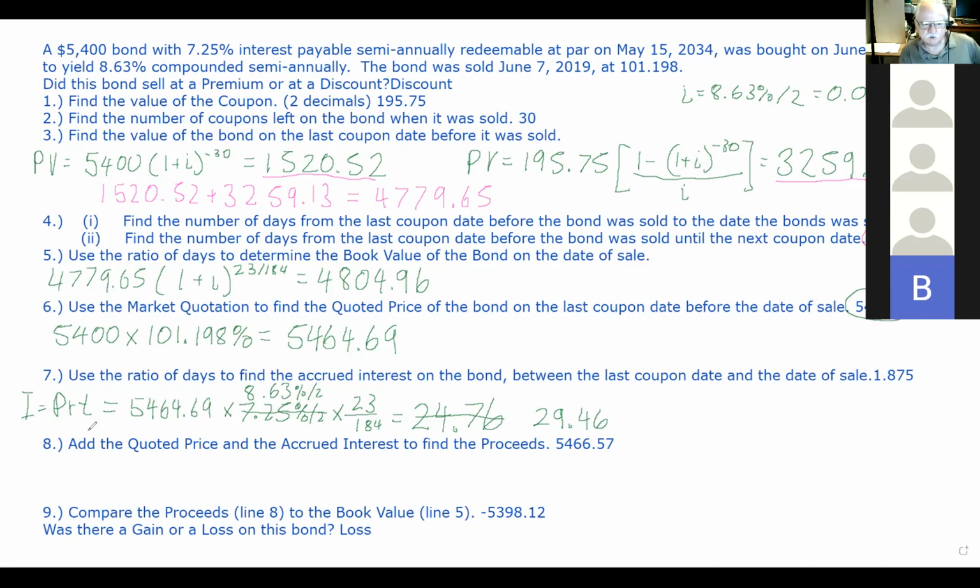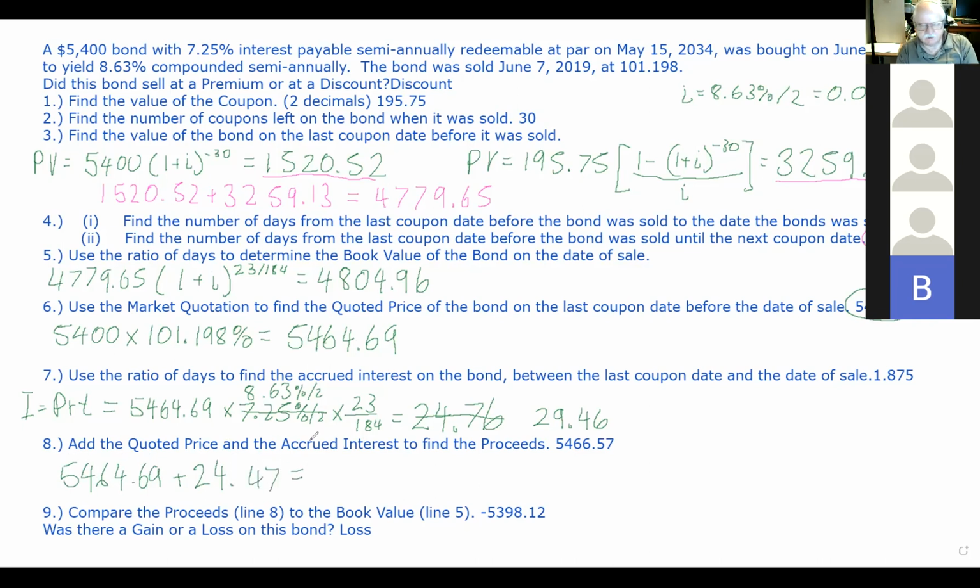So it might be that I've actually typed it in wrong. So let's see what happens here. Take the quoted price, which was this, 5464.69 plus the accrued interest, which they tell us is 24.47.